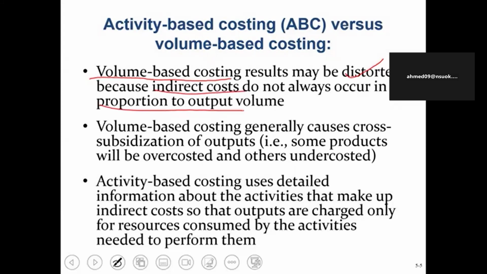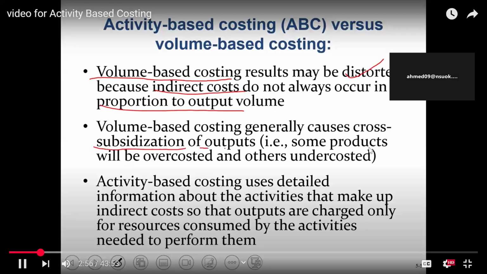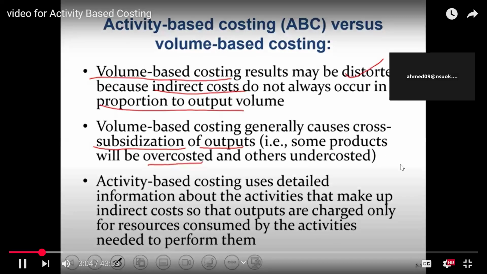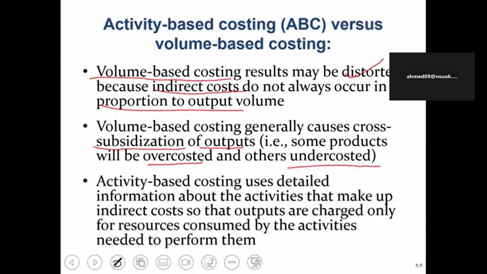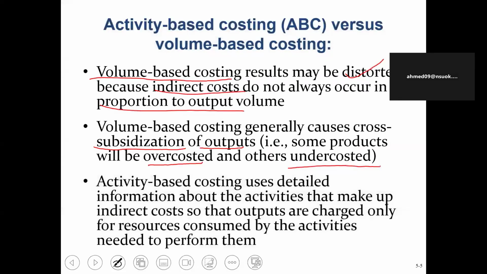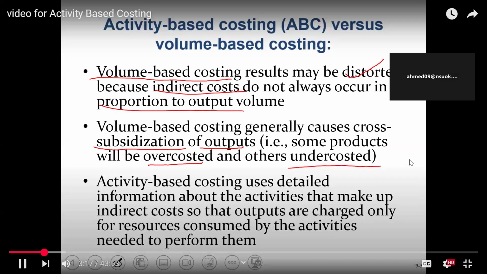It also creates what we call subsidization of outputs. That means some of the products are overcosted and overpriced, others undercosted. And we will definitely see, when we compare both methods, which one is overcosted and overpriced, and which one is undercosted and underpriced.